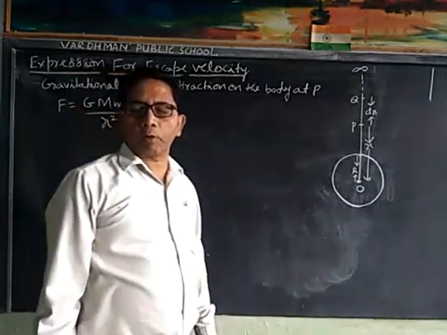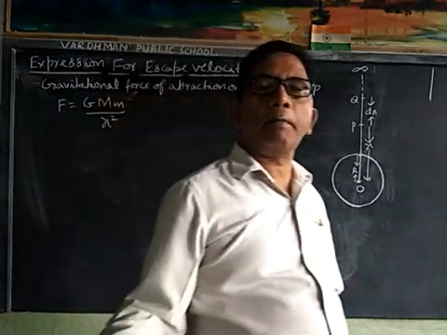Gravitational force of attraction on the body at P is equal to GMm upon x square.